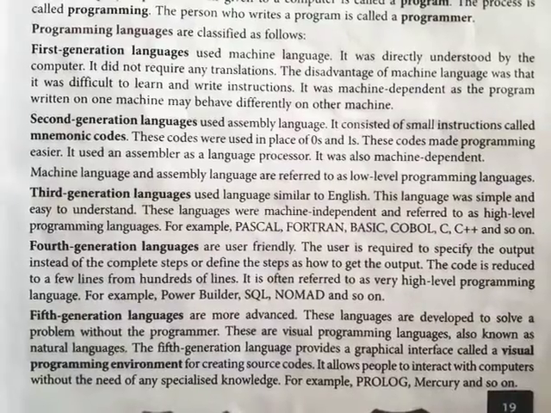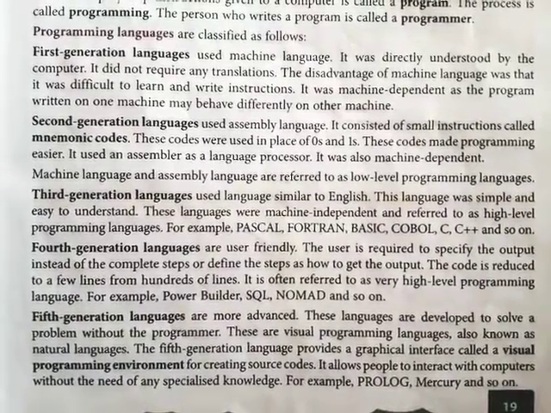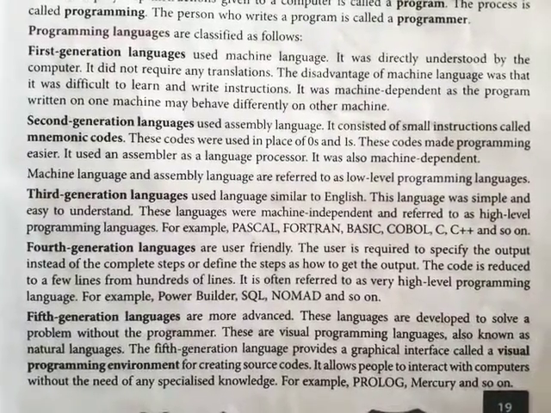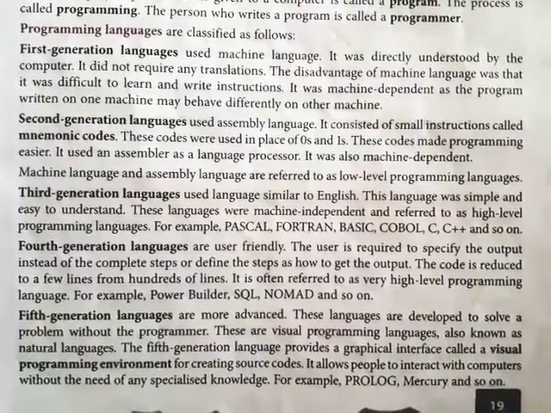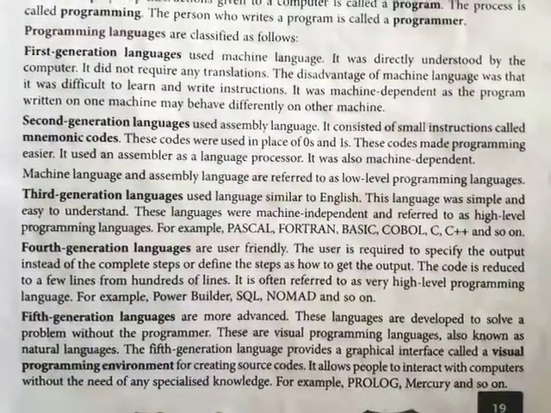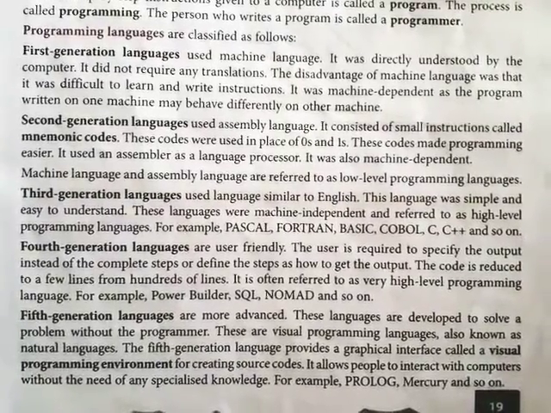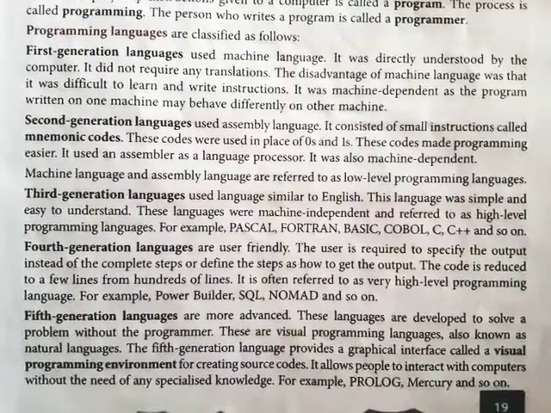So remember here, the code is reduced in fourth generation languages. So instead of writing hundreds of lines, you just have to write few lines. It is often referred to as very high level programming language. For example, Power Builder, SQL, Nomad, and so on.